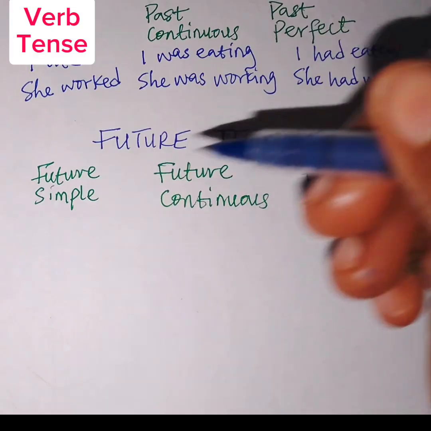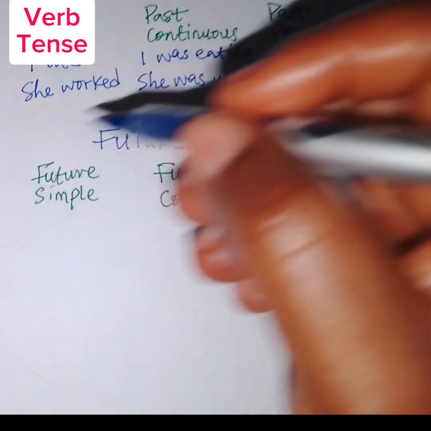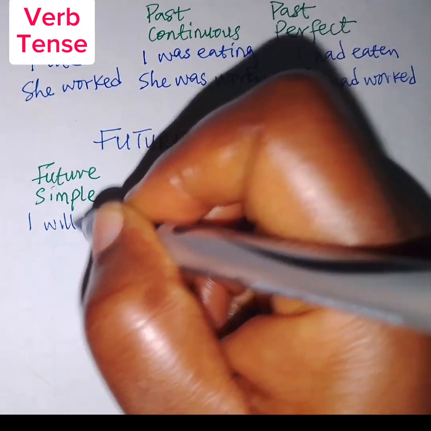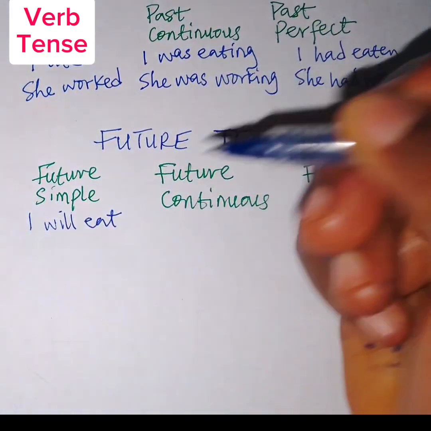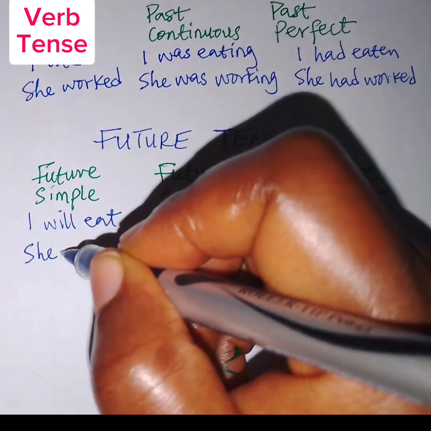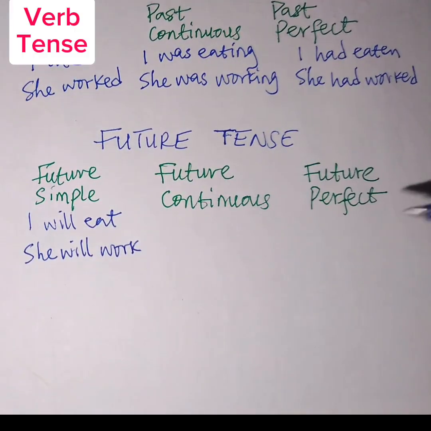Future tense. Under future tense, we have future simple. Examples, I will eat. She will work.